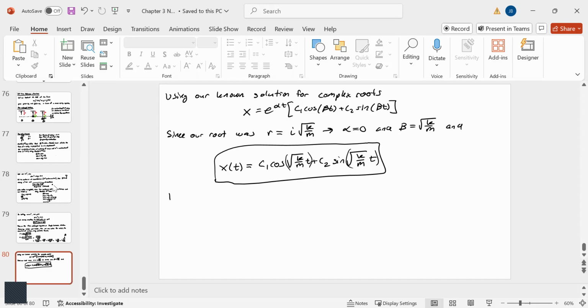So for convenience and notation, we can define this variable omega, which is going to look like a w, but it's omega. So we can define omega squared as k over m. What does that do for us? It just makes the algebra easier.